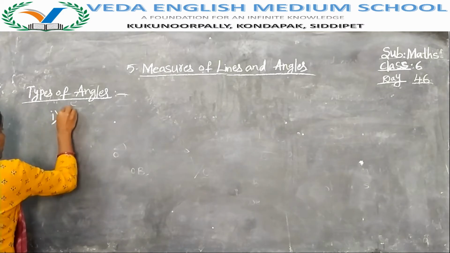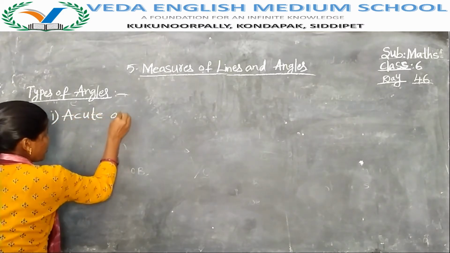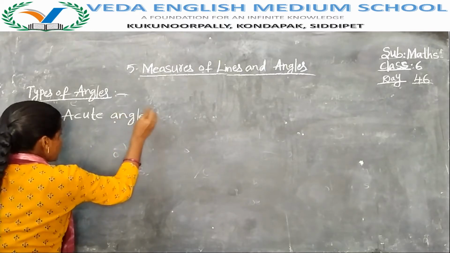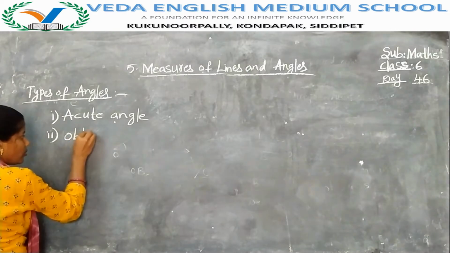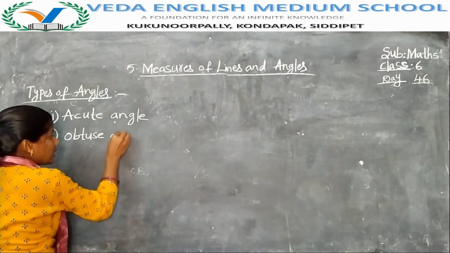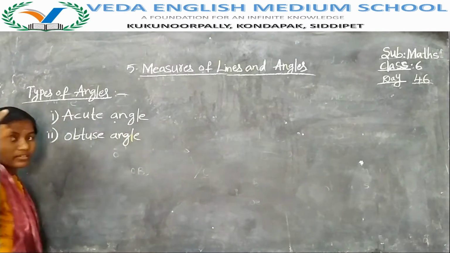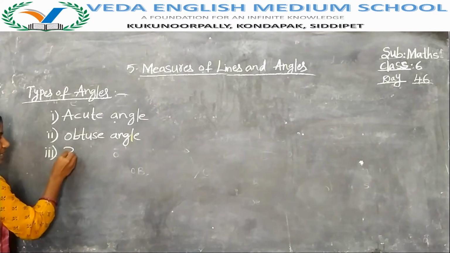First one is acute angle. Second one is obtuse angle. Third one, right angle.